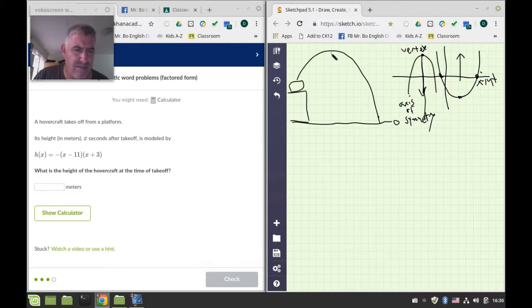So we could do these kinds of questions and ask for a lot of things, like what time it hits the ground, or how high it can go. But this doesn't ask for any of those. It asks what's the height of the hovercraft at the time of takeoff.